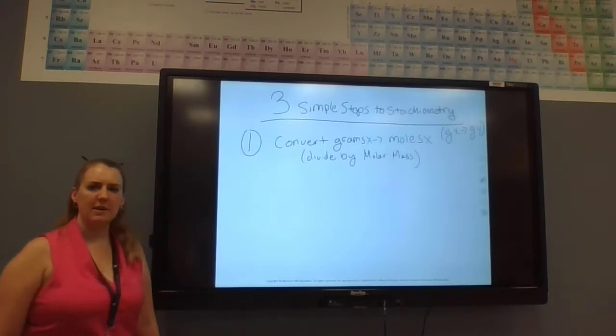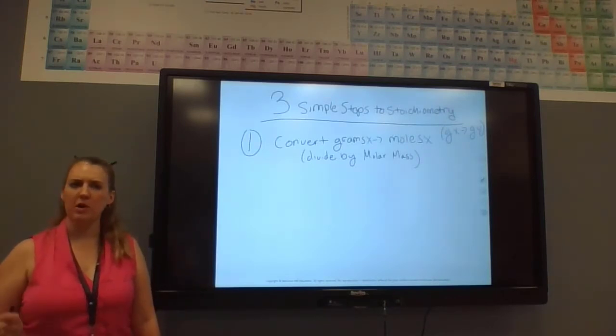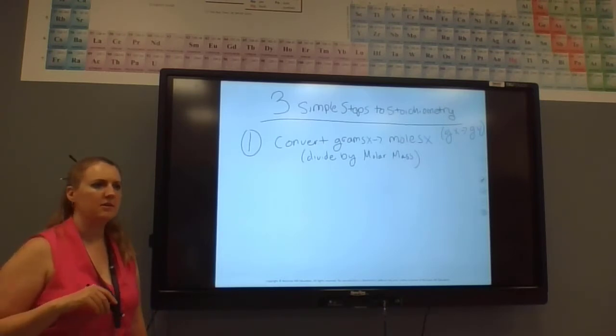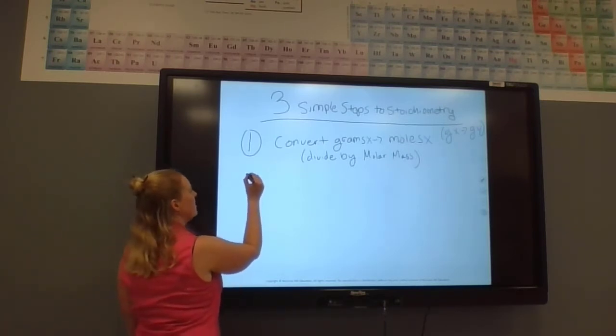So step 2, how do we get from one thing in the equation to another thing in the equation, from X to Y? The molar ratio, or the stoichiometric ratio.